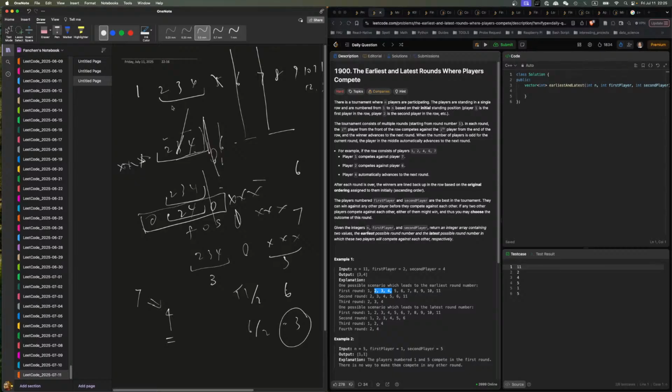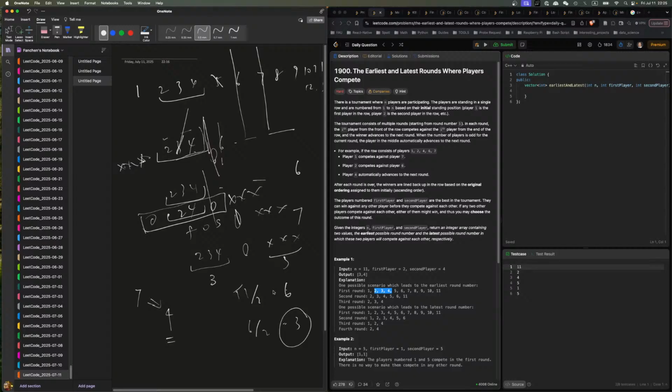Right, first round, you can eliminate however you want. And second round, after you do the elimination, you will still have, so you cannot have them side by side. Yeah, so you just keep doing this, right?